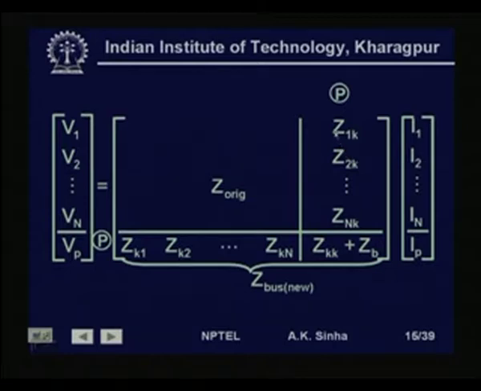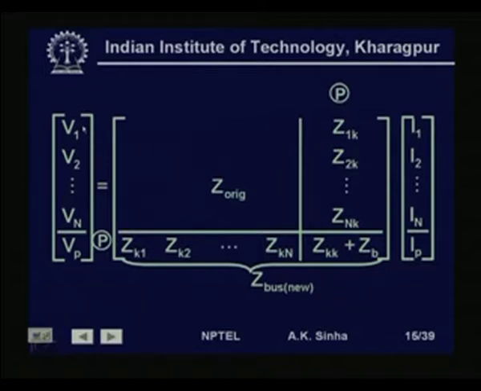Now, what is happening here? For each one, whatever was the previous value that we will get from this n bus matrix, that is Z11, Z12 and so on, Z11 into I1, Z12 into I2 and so on, plus Z1k into Ip.